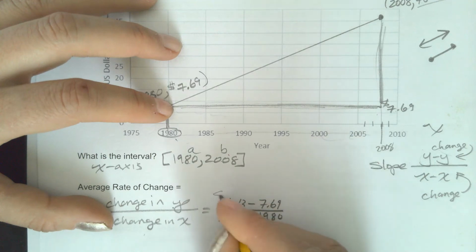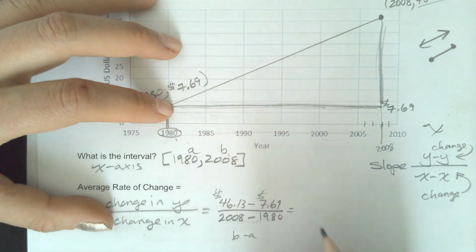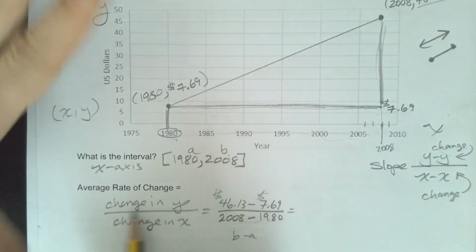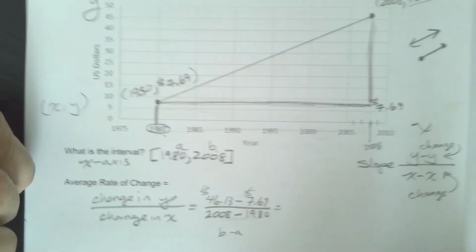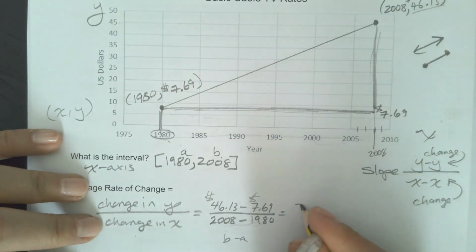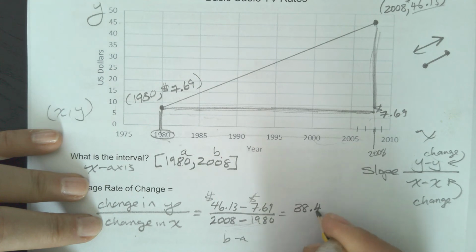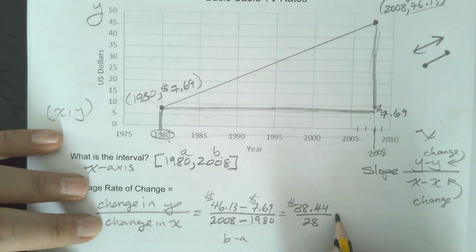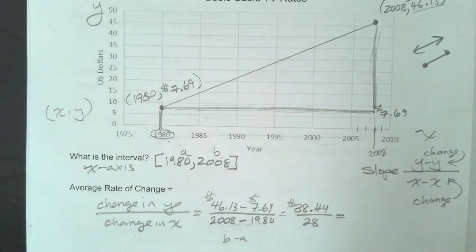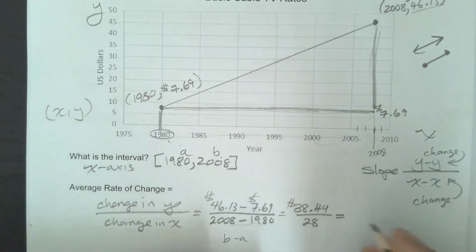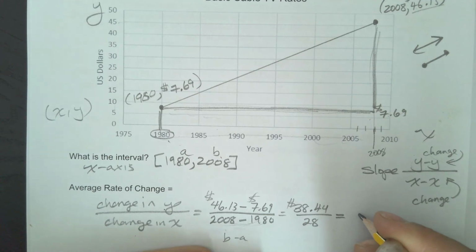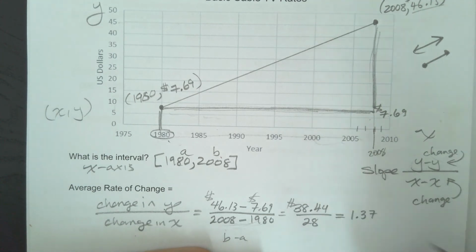So I'm just going to subtract the change because that's all slope is. How much does it change? I don't know the answer. I have to use a calculator. 38.44 over 28. Okay, so, but I need to make it more simple. So use your calculator, and it's approximately equal to 1.37.